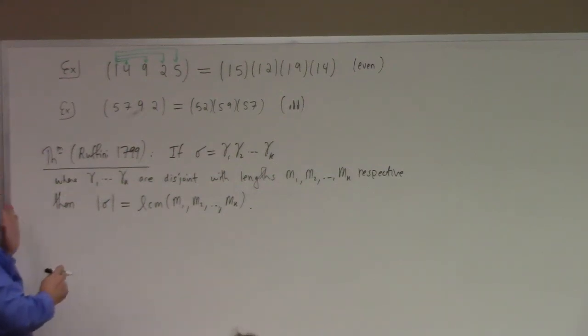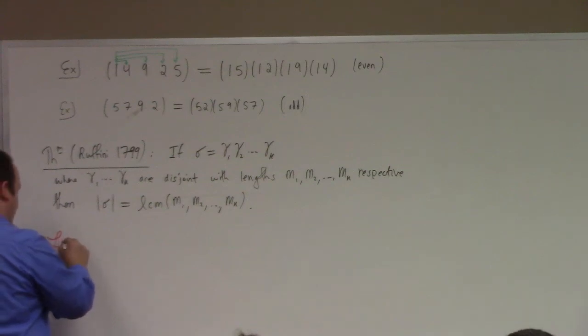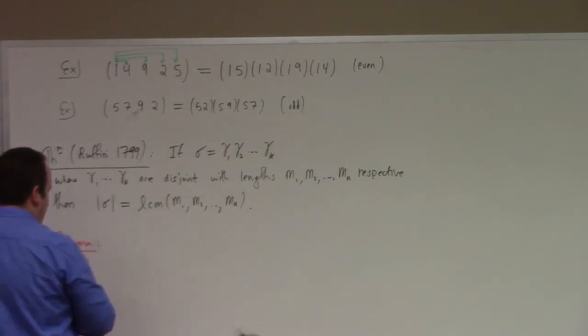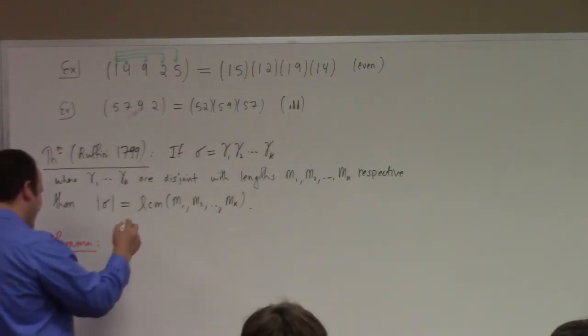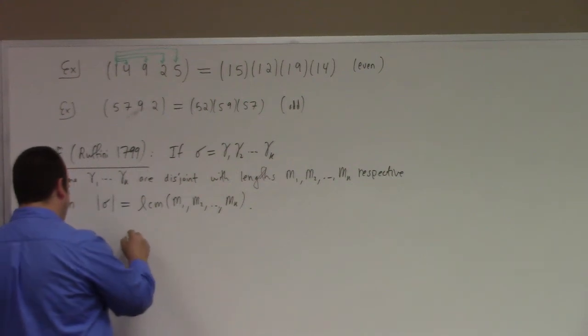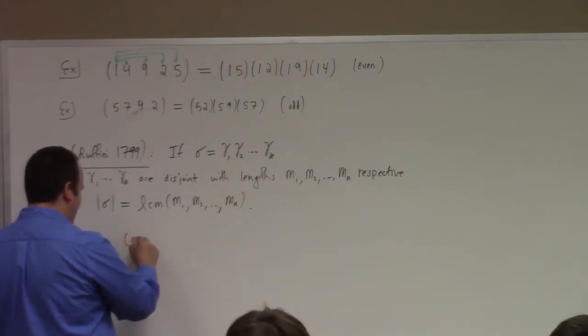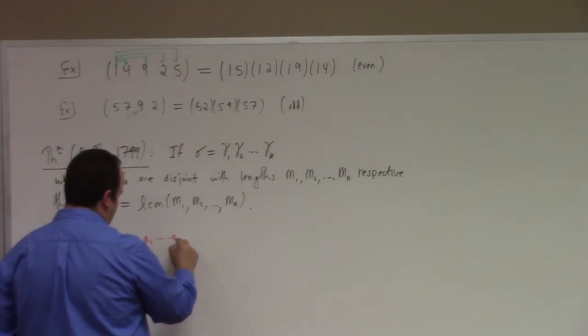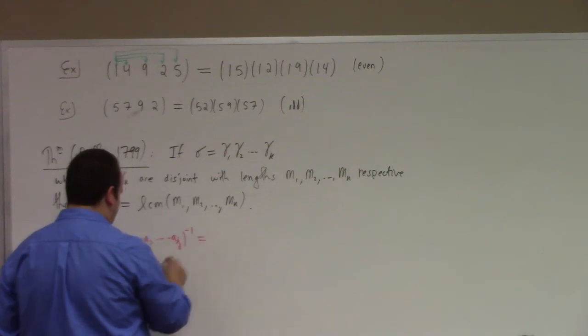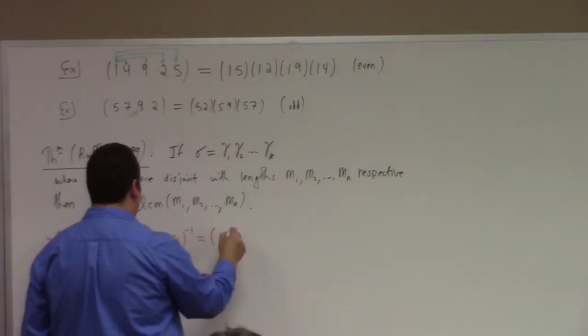So before I prove this theorem, there's a couple of much lower hanging fruits we should pluck from the tree. We have not done these yet. Maybe in a different semester I would have put these in the last lecture, but here it is, a lemma. This is going to lead to the proof. First of all, if you have a cycle A1, A2, through AJ, the inverse of that cycle is the same thing, but in opposite order.